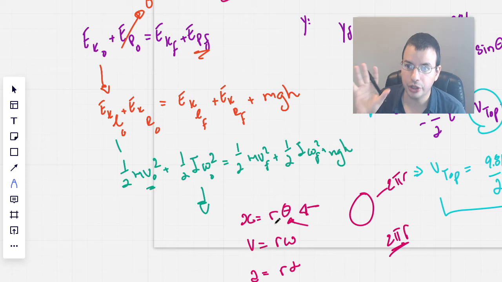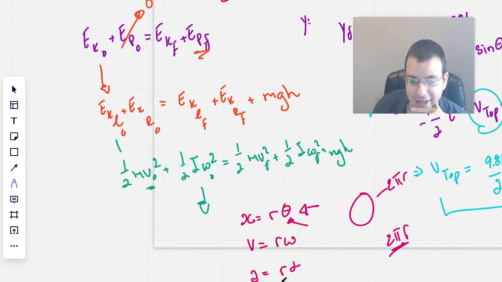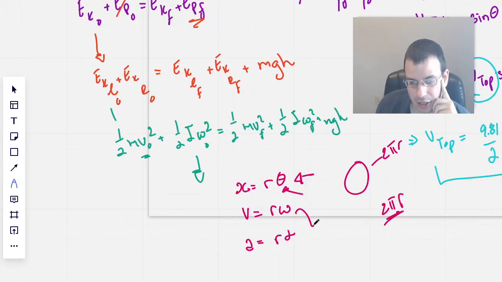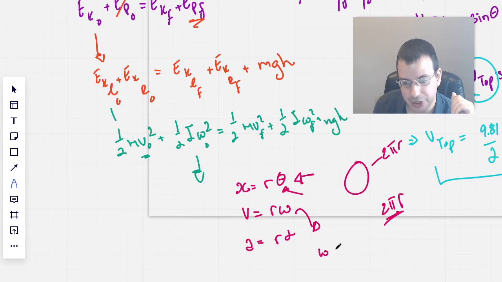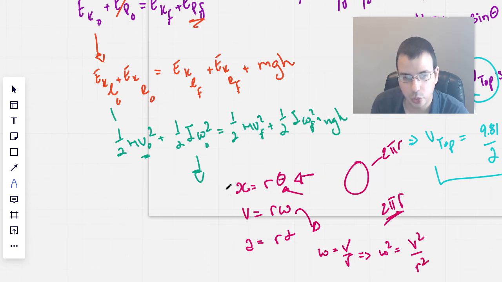This relationship only holds true because there is no slipping. Then we can do the same pattern with velocity and acceleration. The one we're concerned with here is angular speed omega, where omega equals v over r. Therefore, omega squared equals v squared over r squared.